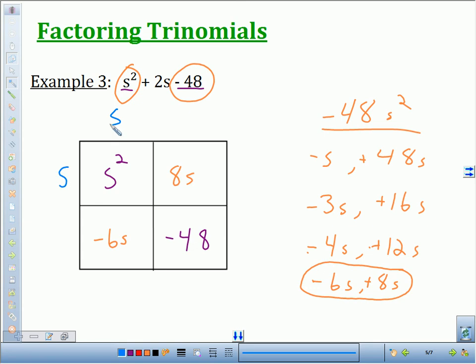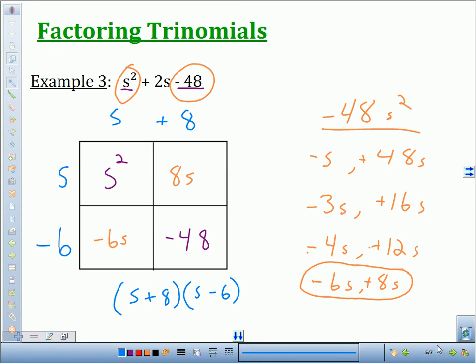I can make s become negative 6s by multiplying it by negative 6. Negative 6 times s is negative 6s. I can make s become 8s by multiplying it by 8, because 8 times s is 8s. That means my factors are s plus 8 and s minus 6.